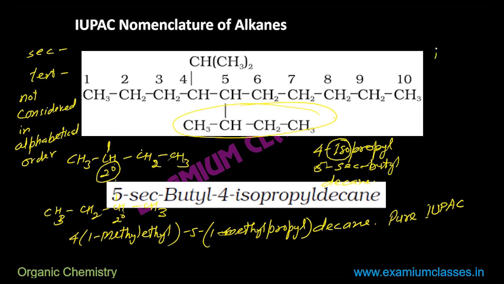But iso, neo, etc. are considered in alphabetical order. These are the names given to the structures.